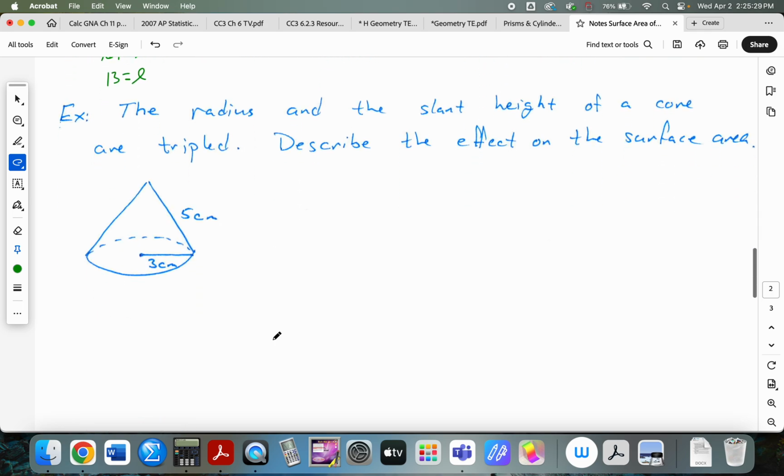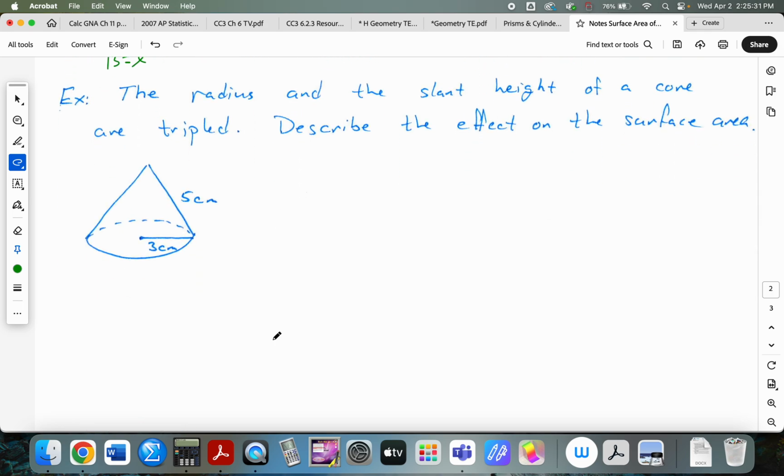All right. We talked about this the other day, and I don't remember if we talked about it for area or if we talked about it for volume, but it's the same thing. You don't have to go through and find the surface area and then triple everything and then find the surface area again. They told us that the radius and the slant height are tripled.